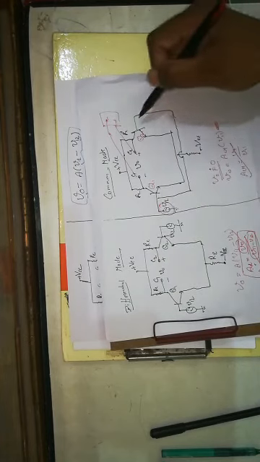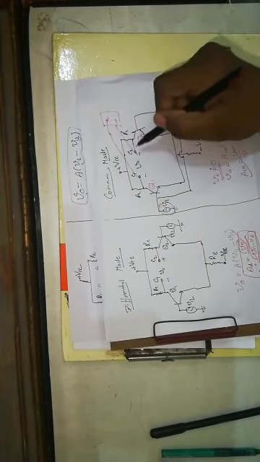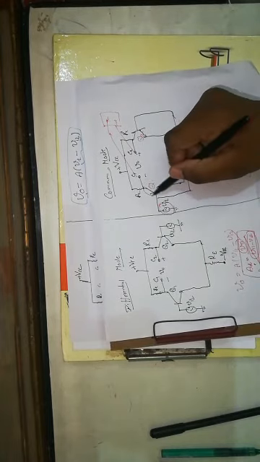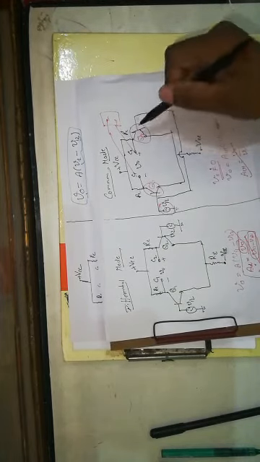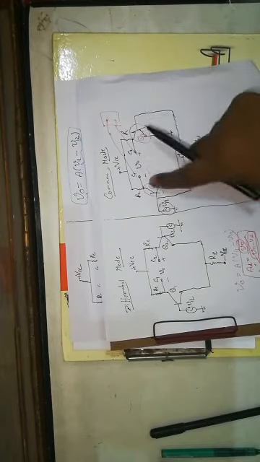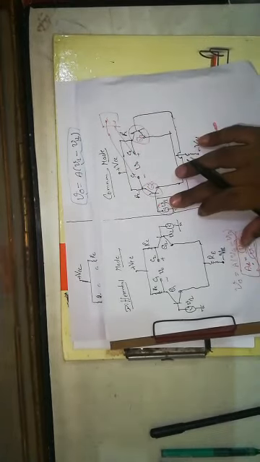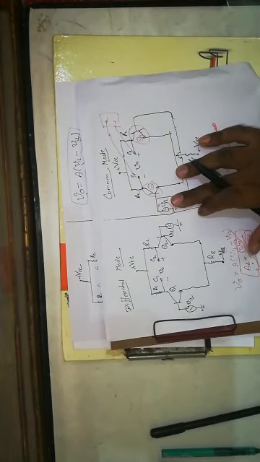Whatever input is going there, some output appears because of the internal structure of the transistors. These are slightly different, so there will be some voltage appearing, and that voltage divided by this input is called the common mode gain.